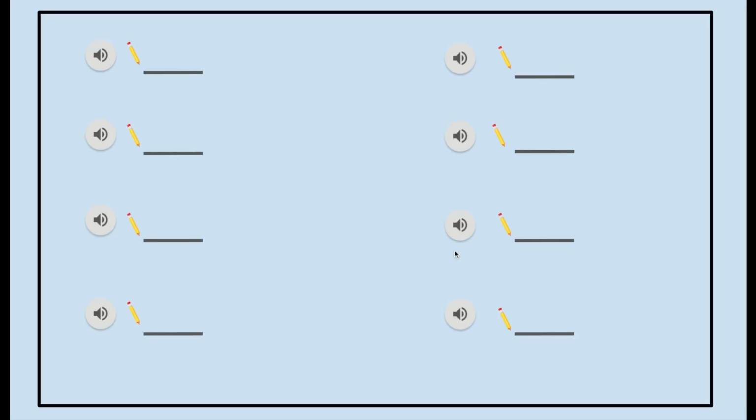The sixth sound, Qua. Number 7, Yi. And number 8, Ah.